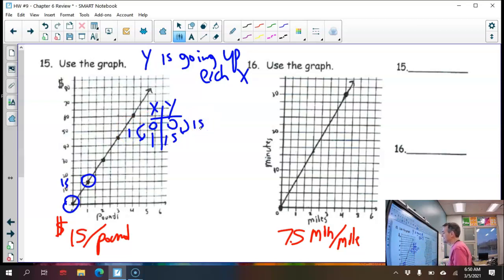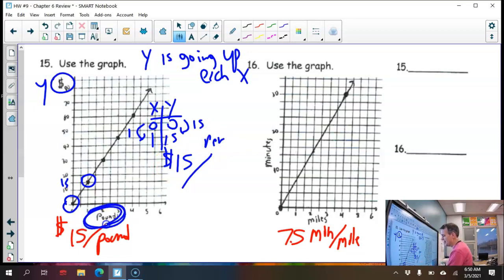So it's going up 15 each time. And I need to put the units on it. Remember, it's always the y units, which is dollars, per x units, which is pounds. So $15 per pound.